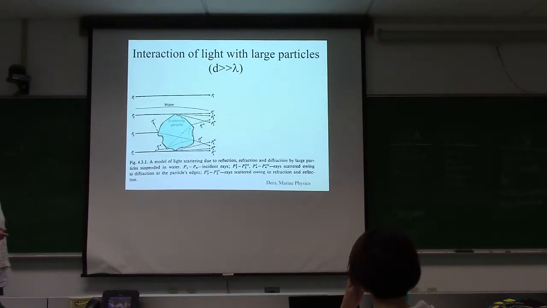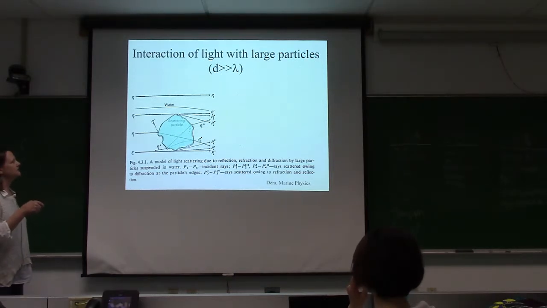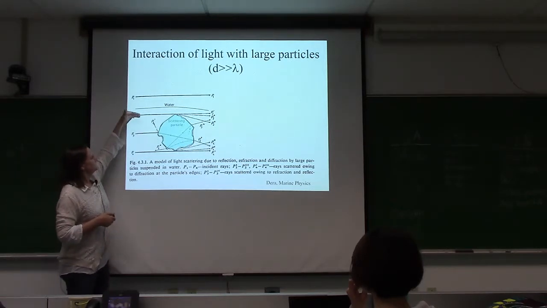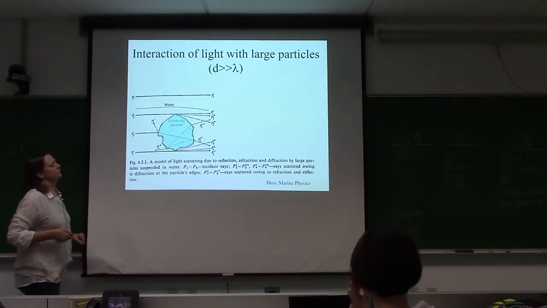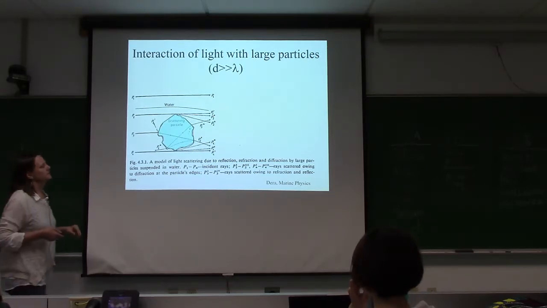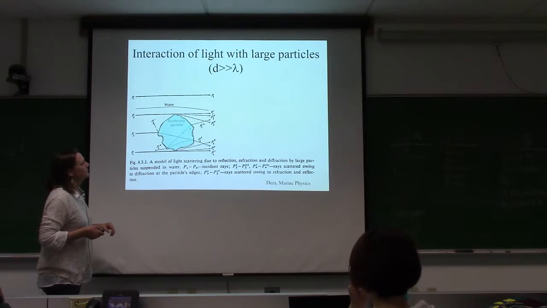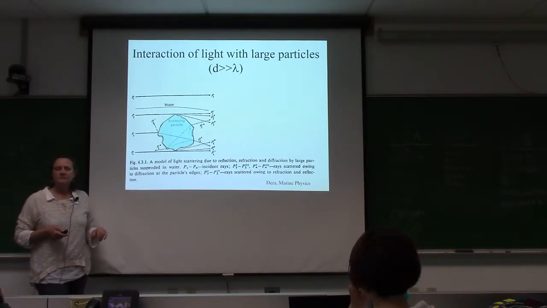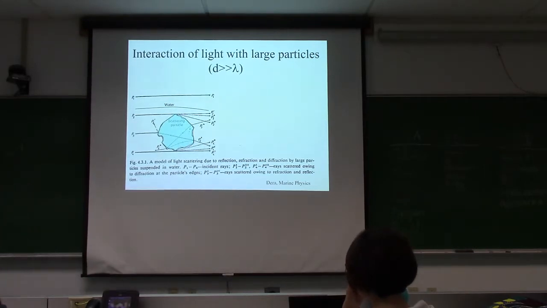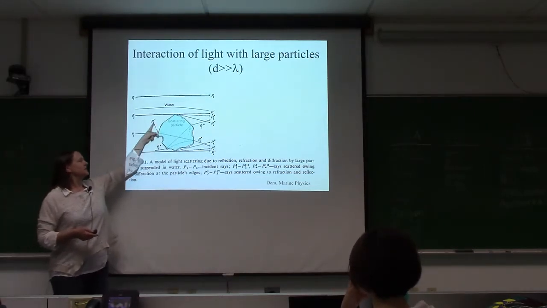If we do a ray tracing type of exercise, with a big scattering particle and all these different positions of incident rays on it, a lot of stuff can happen. What do you think can happen? You can get reflection off the surface.